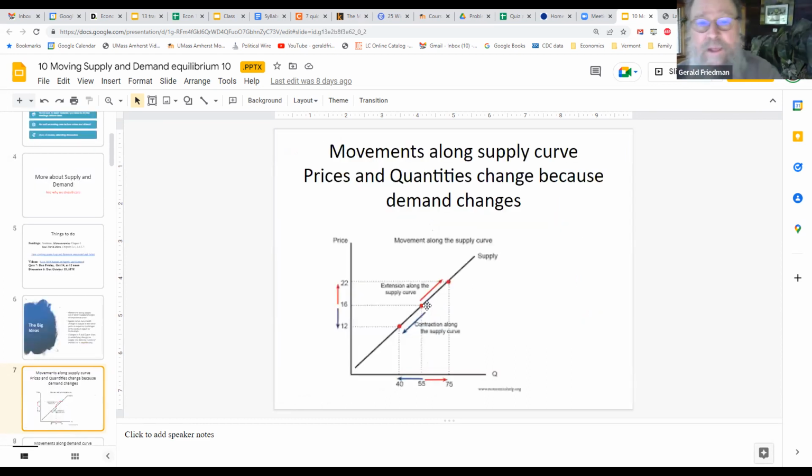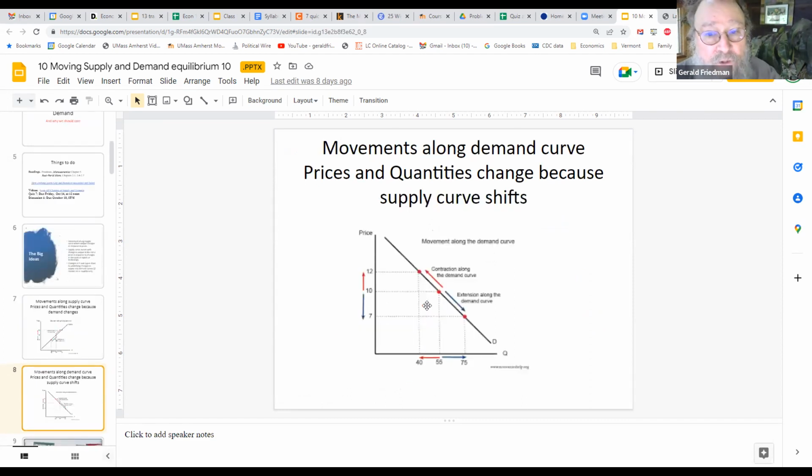Okay, talk about that. Movements along the supply curve, price and quantities change because the demand curve has moved. People want more at any price or less at any price. Movements along the demand curve because the supply curve has changed.